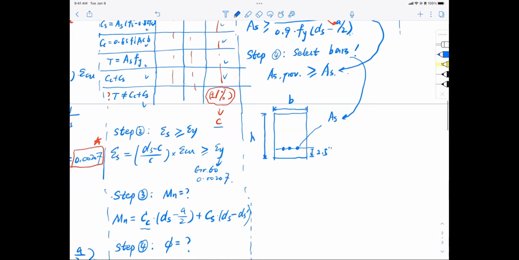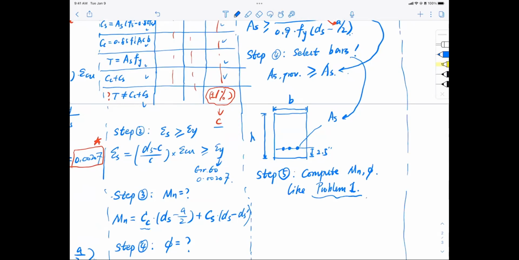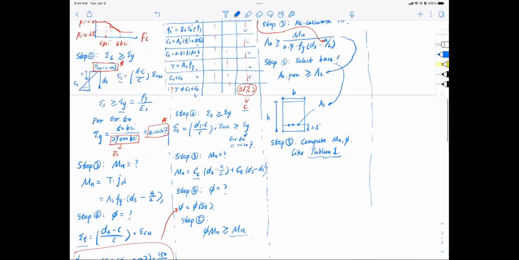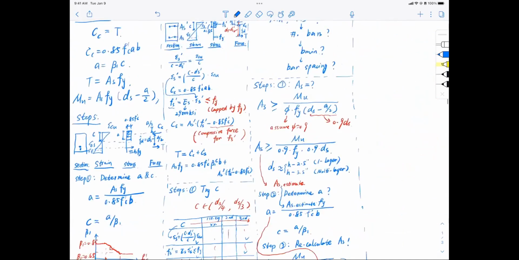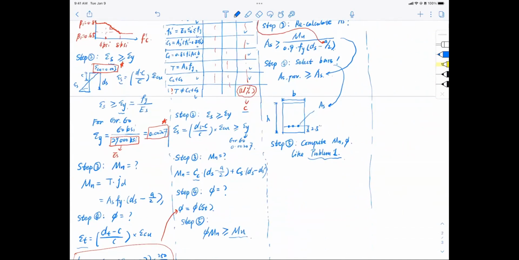Once you know all this, step number 5, compute Mn and phi Mn like problem number 1, the analysis problem. Basically, you use what we learned from problem number 1 here in problem number 3. Repeat that.